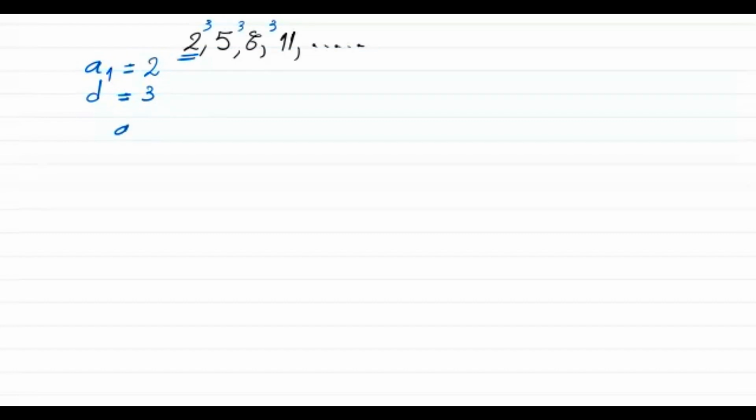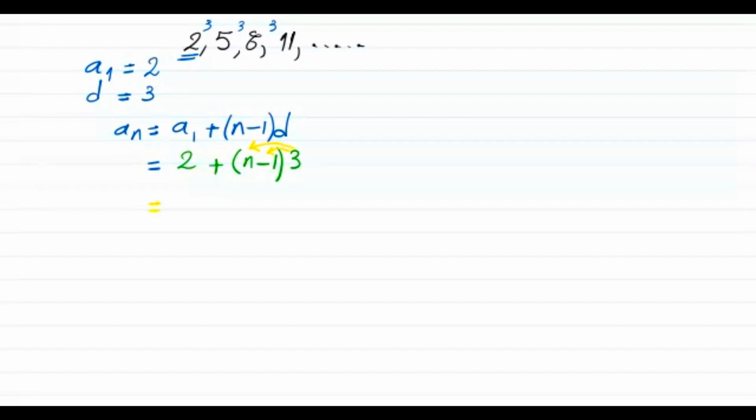The rule says An equals A1 plus n minus 1 times D. Substitute. A1 is 2, plus n minus 1, where n is the variable, the unknown. D equals 3. Now I have to multiply 3 times n and 3 times 1.